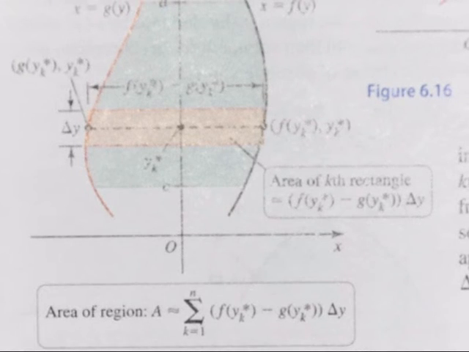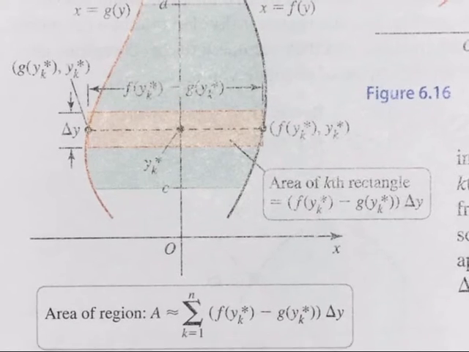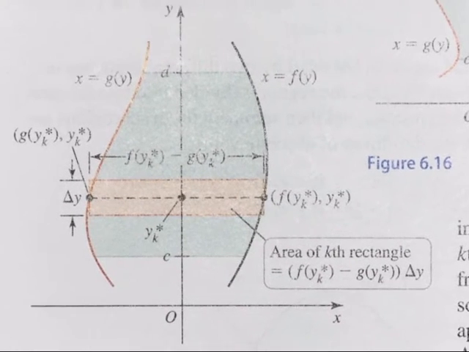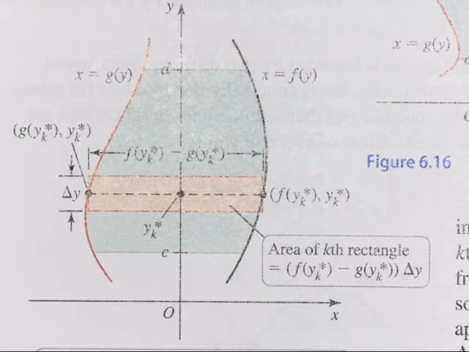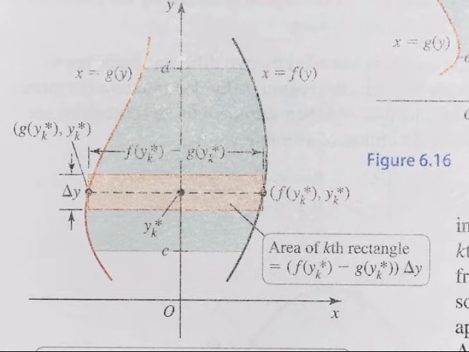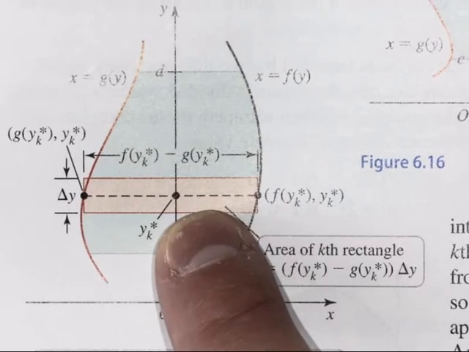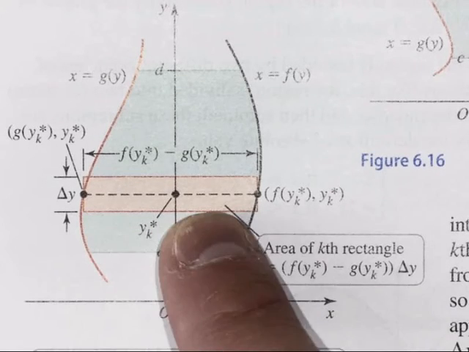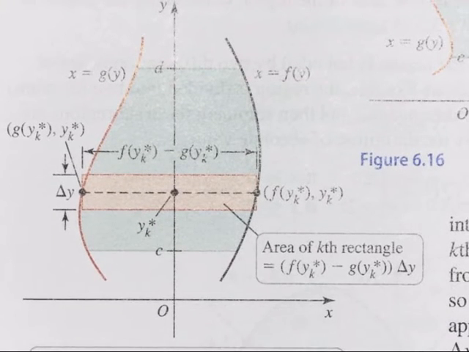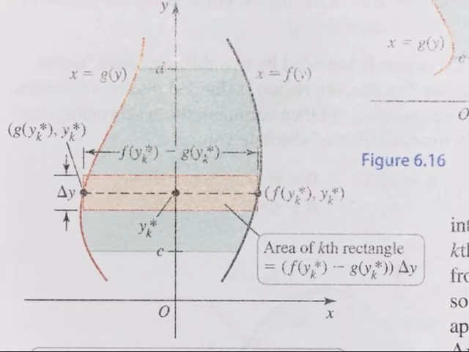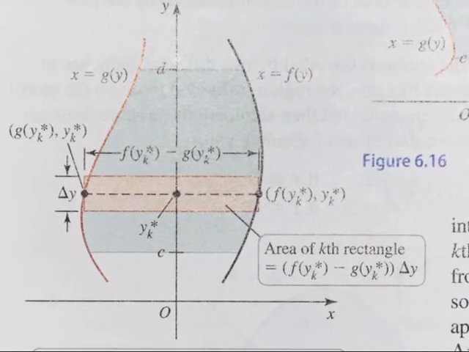We're looking at essentially rewriting the function so that it's solved for x, and of course that's going to essentially inverse everything. So these rectangles are now going to be going from side to side. Instead of delta x being the width of the rectangle, it's delta y.